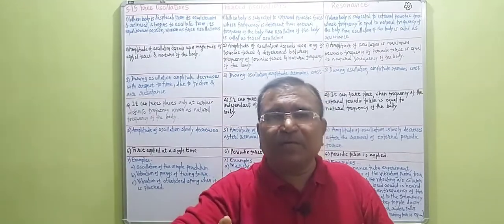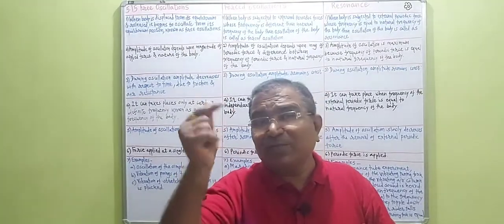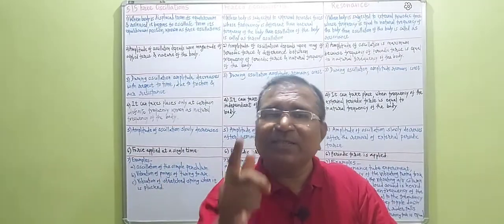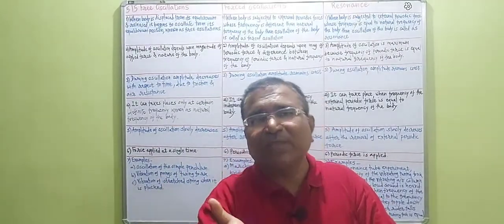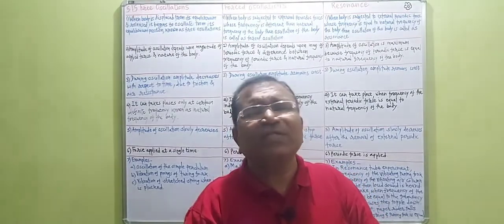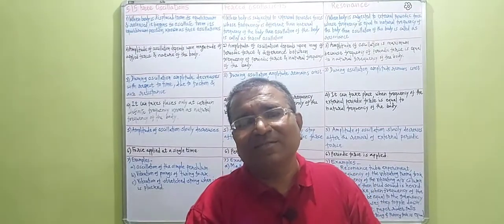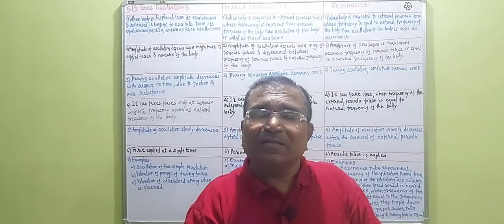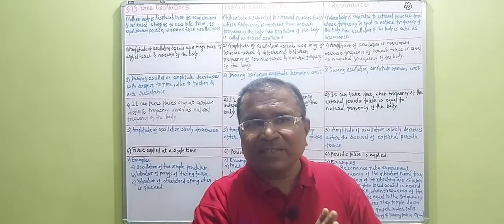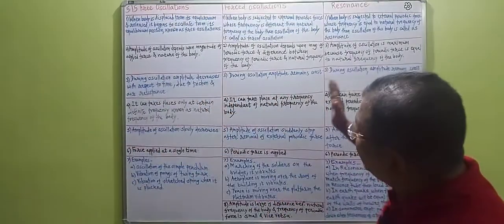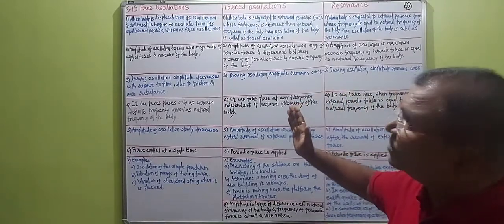Falling of the paper from the string is a good example of resonance because the frequencies match. When the frequency of the periodic force matches the frequency of the vibrating body, such an oscillation is called resonance.